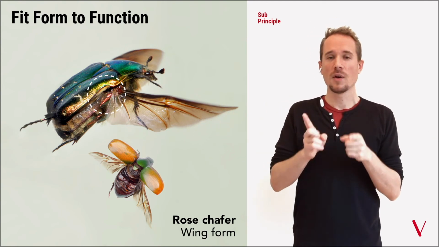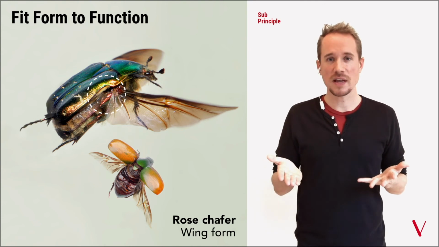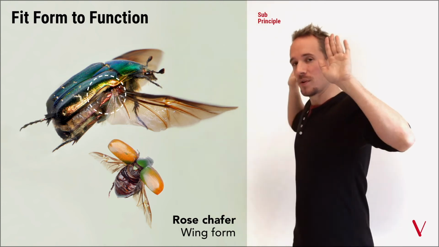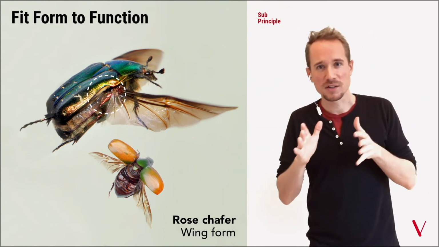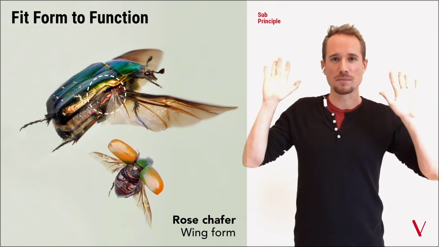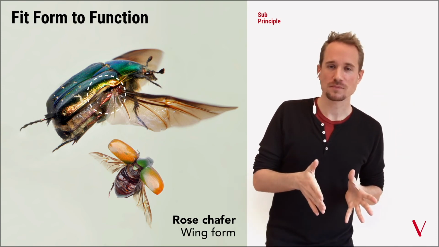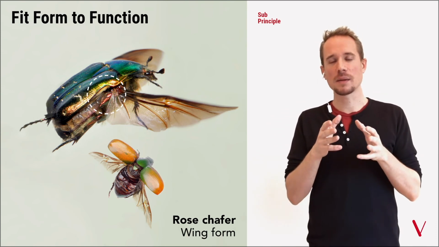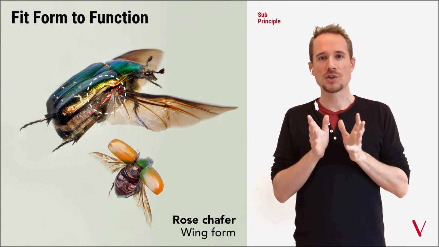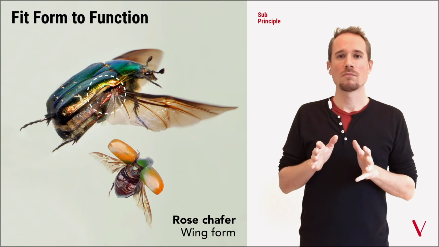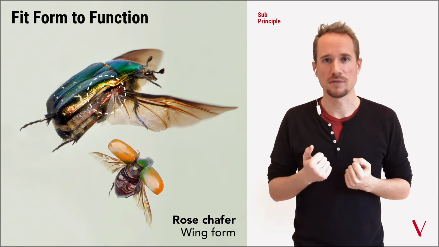Very effective. One downside is the protective armor, if it's opened up, is aerodynamically not very effective and actually has a braking effect in flying. So rose chafers over time have developed a very simple adaptation in form to make it easier to fly effectively.